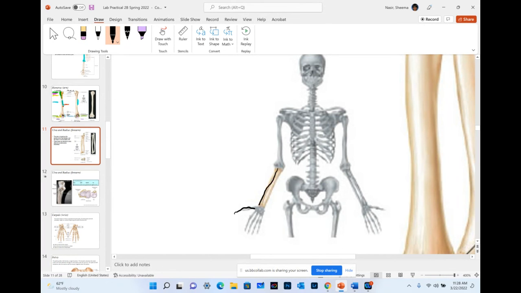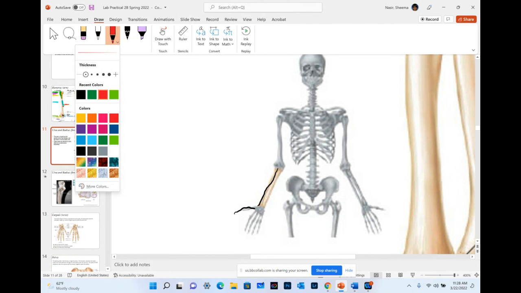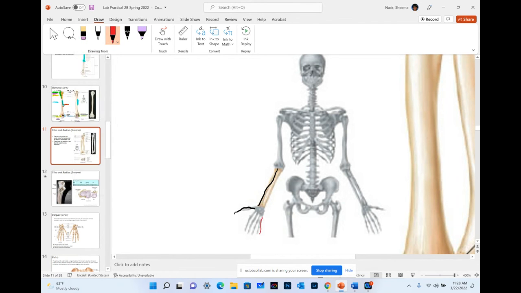So radius is going to be this bone. This is your pinky. So ulna is going to be this bone. Ulna, radius. Understood?